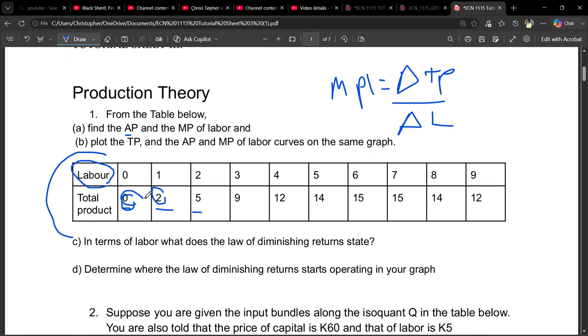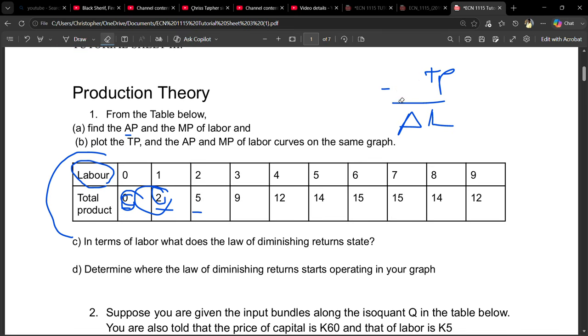You're going to be subtracting there. So you say 2 minus 0, and then 1 minus 0, then you divide. So the change in total product is divided by the change in labor. So probably just follow this formula, and you do likewise as we did on the first part for AP. So that is how we find the first part.